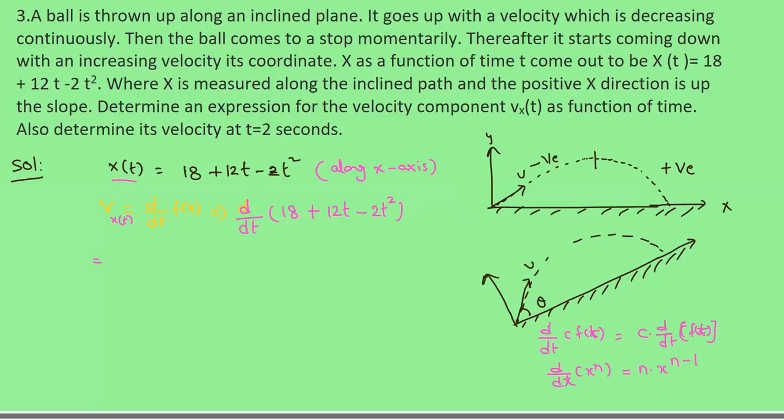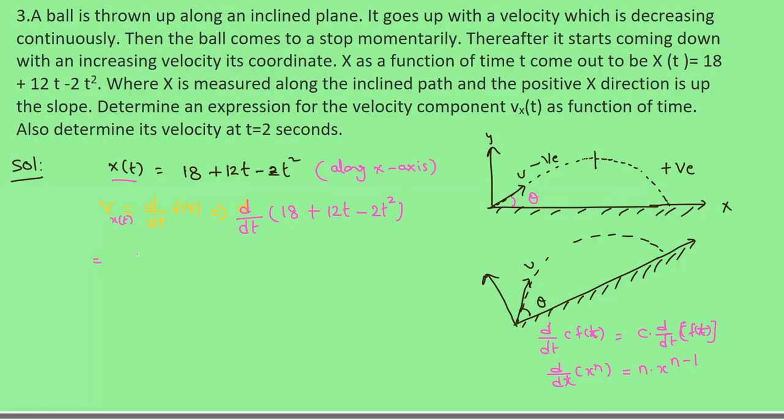We know that when velocity is at some angle theta, it has two components, one horizontal and one vertical. The horizontal velocity, which is along the x-axis, is what we are talking about now.